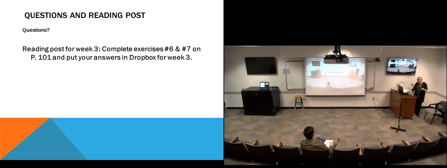There's no discussion open for you. You're going to complete exercises number 6 and 7 on page 101 in your chapter. Exercise 6 is a little mini grammar one. Now you're going to be so good at those. And exercise 7 is another discussion. Have you discuss a little bit about errors, okay?